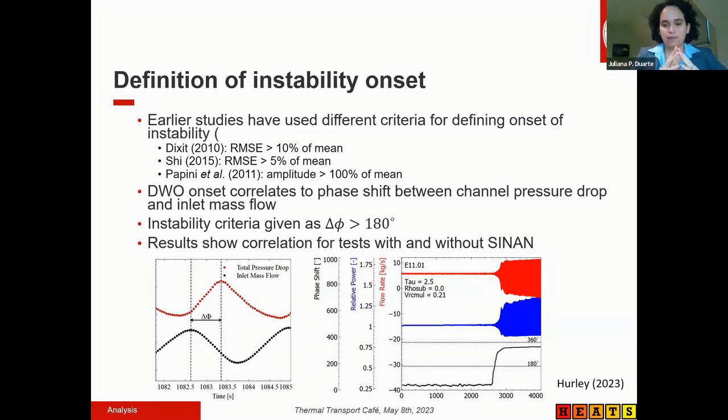But this phase shift, we found based on this data, is a very visual mechanism when doing the data analysis to define the onset of instability. So this was our definition for the experimental data.